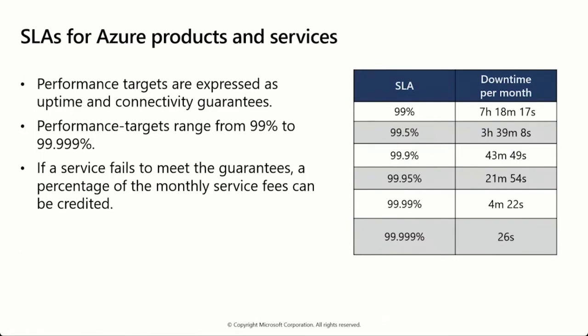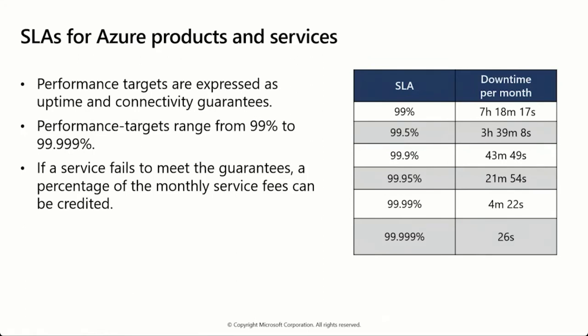Now, that doesn't mean that you will be down for 43 minutes and 49 seconds every single month, but that means that Microsoft is meeting their contractual obligation for availability as long as they're under 43 minutes and 49 seconds a month.